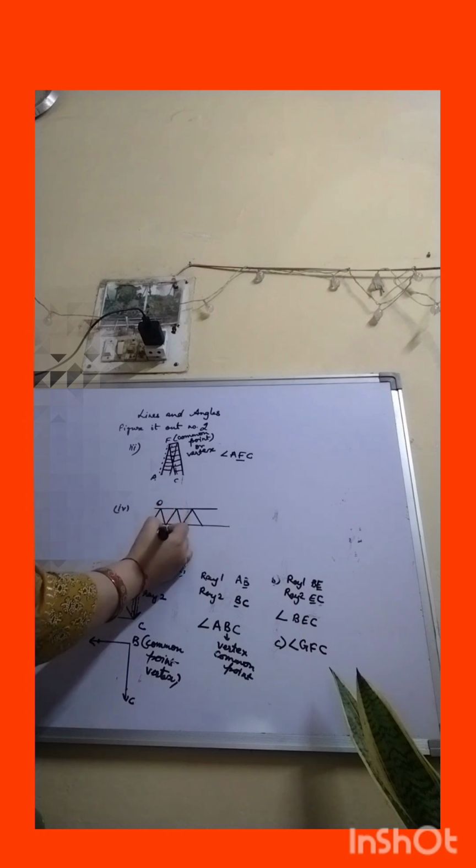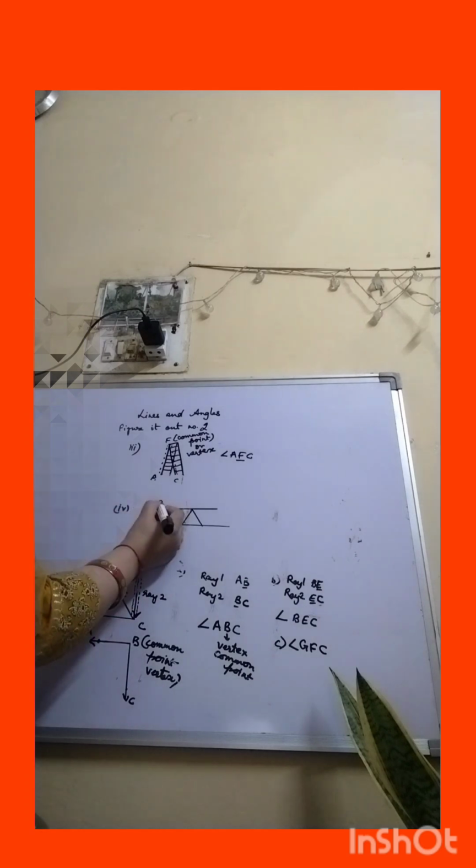The figure is something like this. So now start marking, say P, Q, R. How do you see the vertex?